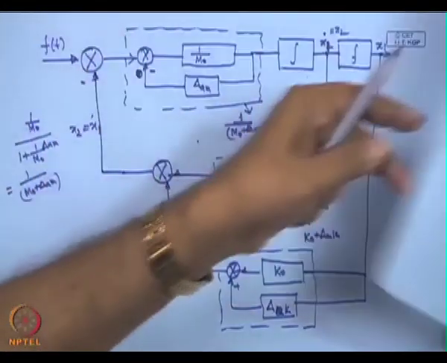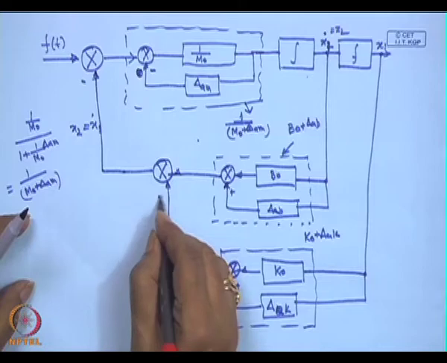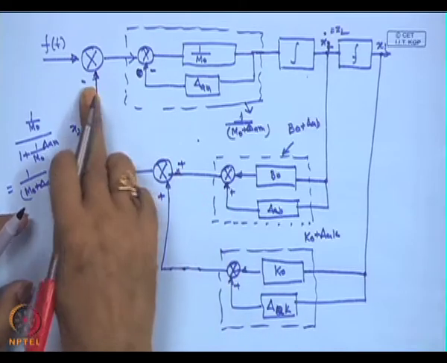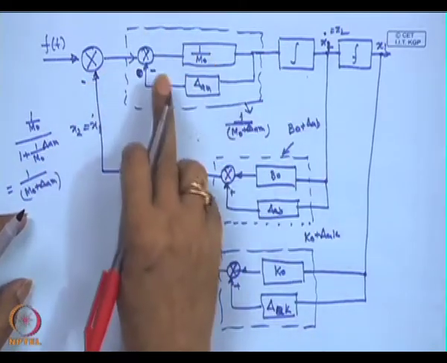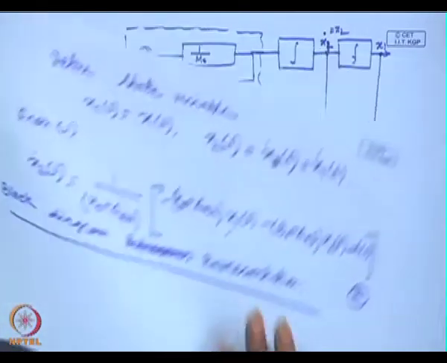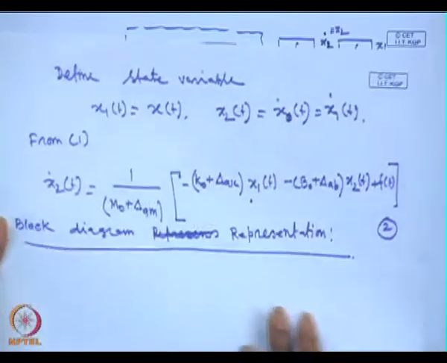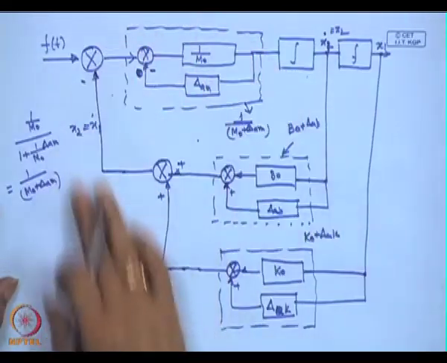Similarly, x 1, this block K 0 plus delta A K, with a minus sign, multiplied by this block, I get that one. So, this is the equation representation in block form.